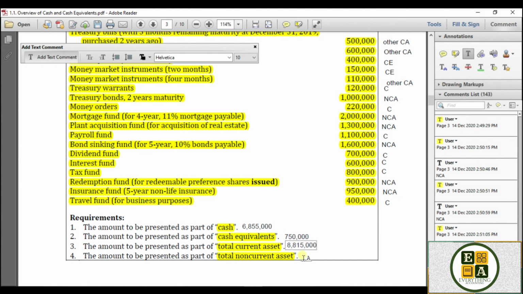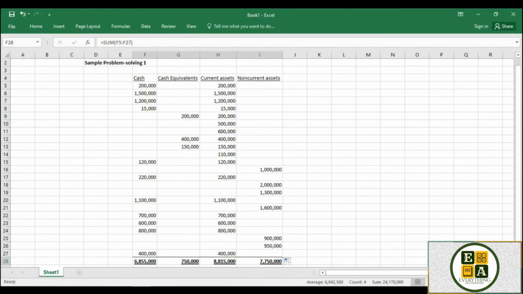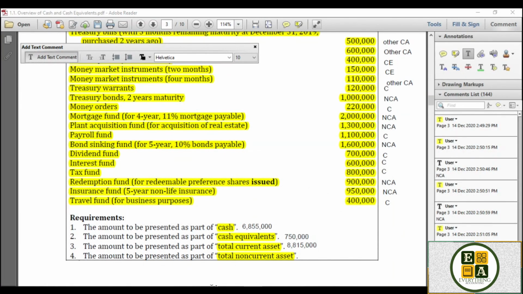Then, for our non-current asset, we have 7,750,000. Okay, so that's it.